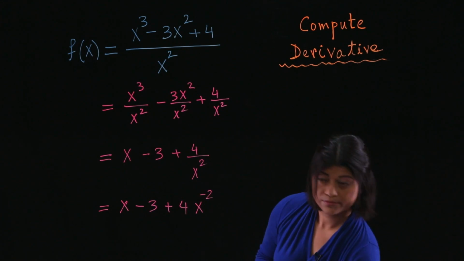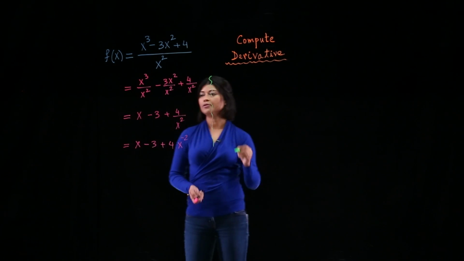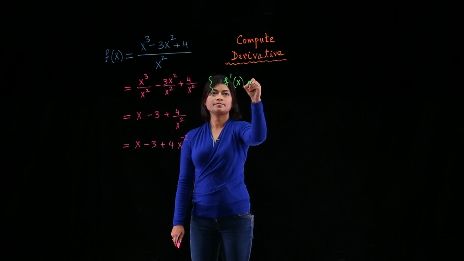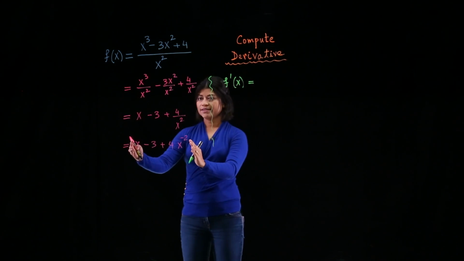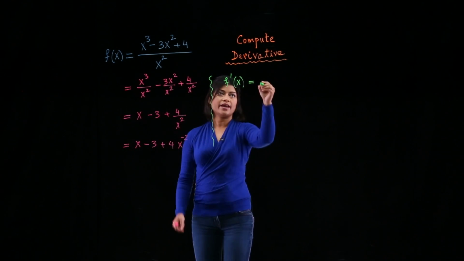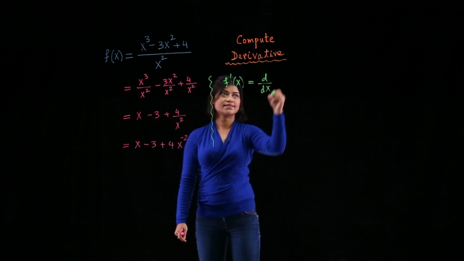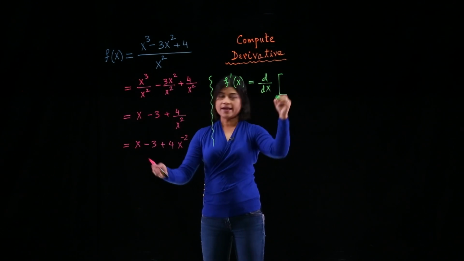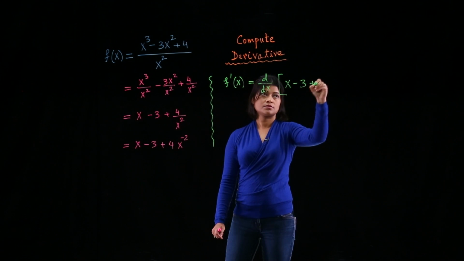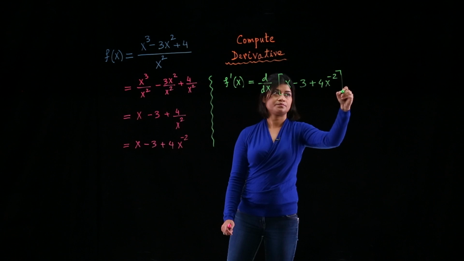All right, so let's compute the derivative now. We are finding f prime of x. So we take this last expression that we have, the simplified form, and we differentiate that. We are computing d dx of x minus 3 plus 4x to the power negative 2.